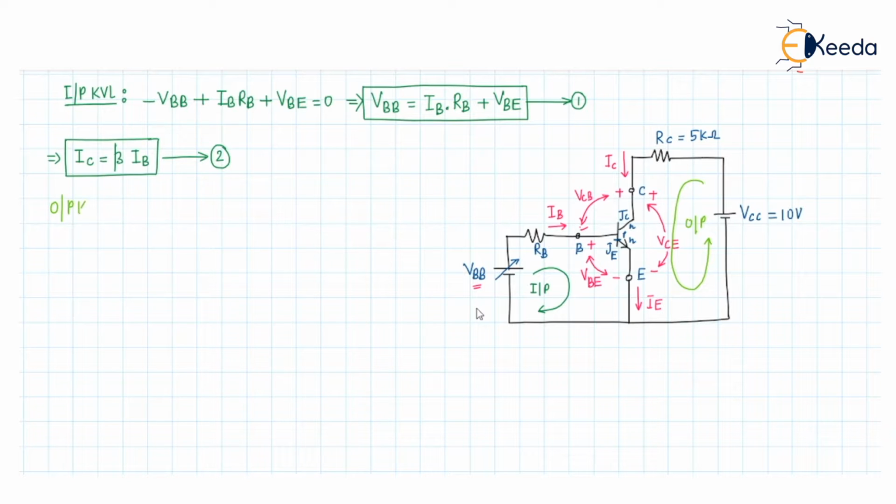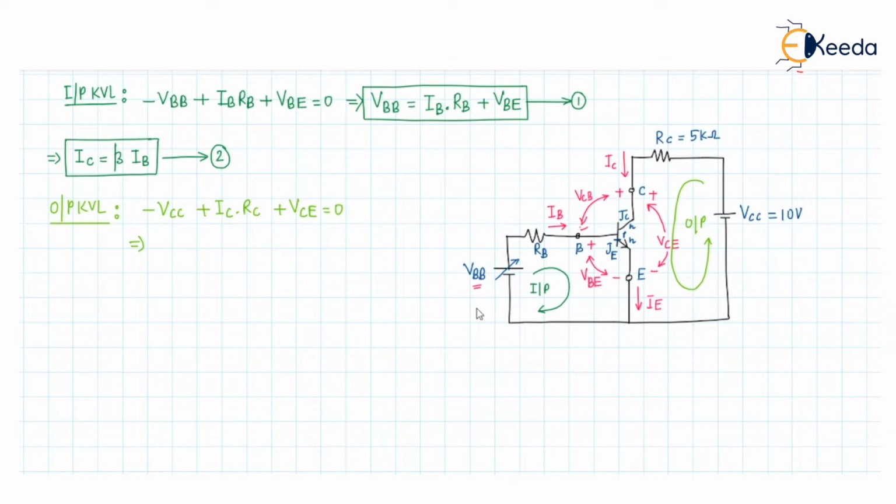If we apply KVL, then it will look like this: minus VCC plus IC into RC plus VCE is equal to 0.